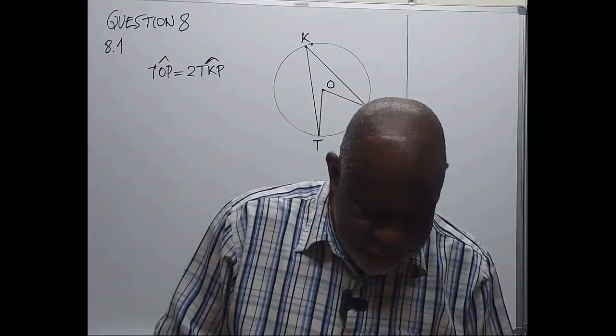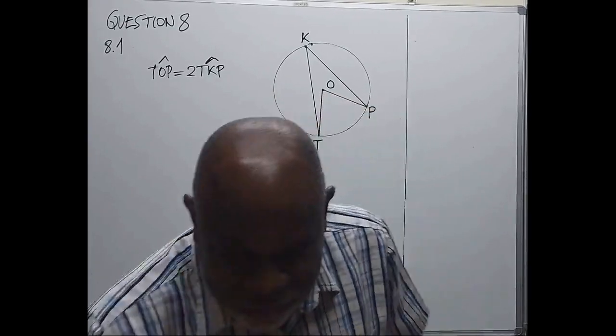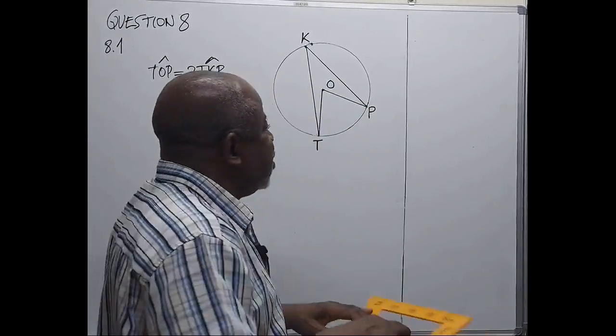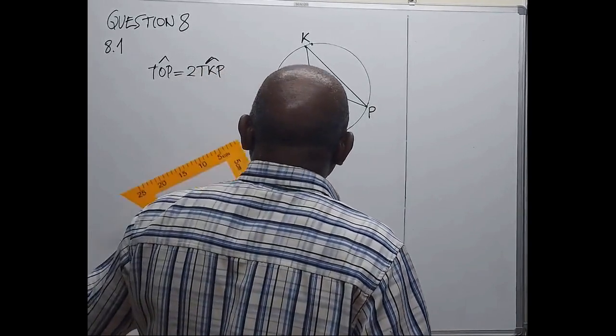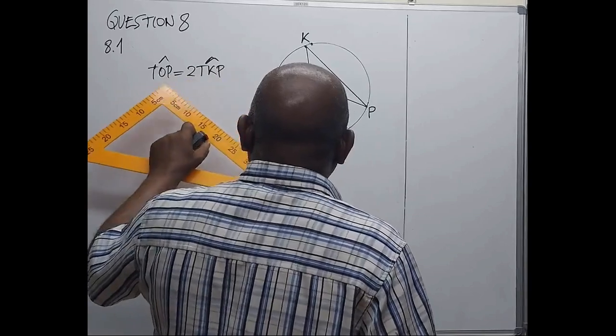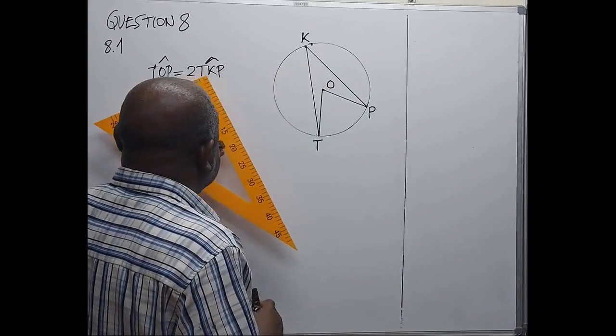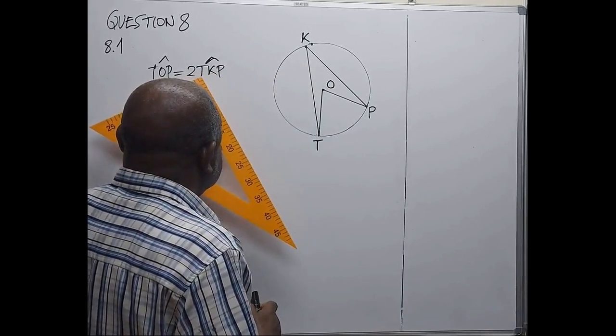Here I'll need to do some construction in order for us to show that TOP is equal to 2TKP.